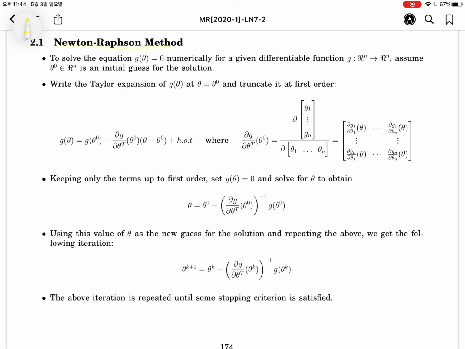Briefly, I will explain the Newton-Raphson method. Maybe you have learned it in a numerical analysis class.